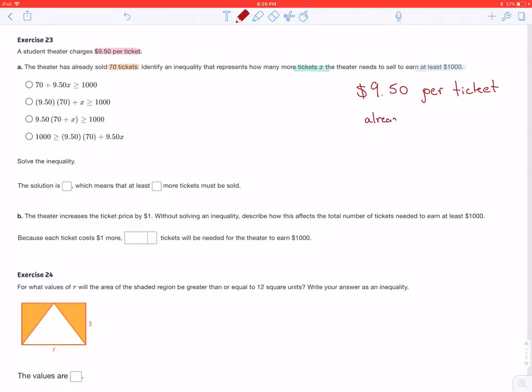The theater has already sold 70 tickets. And then X represents the number of tickets we still need to sell.